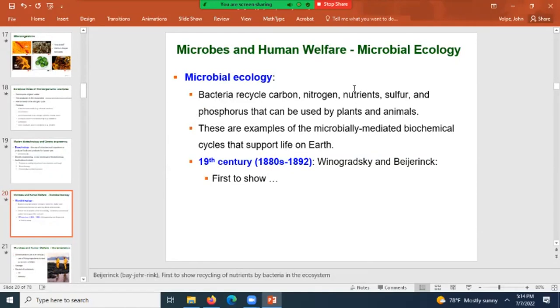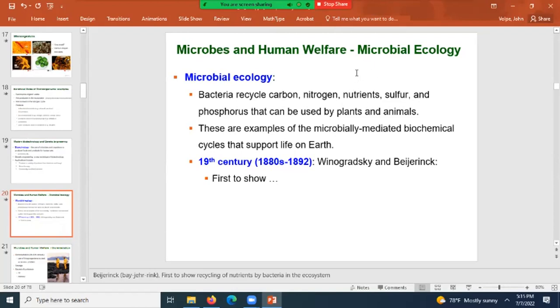Nutrients, if something dies in the environment, it's microbes that largely break it down. It is true that mushrooms and other fungi can break it down, but most fungi are microbes, not mushrooms. But anyways, what happens is the microbes break it down and then make those nutrients available for the ecosystem.